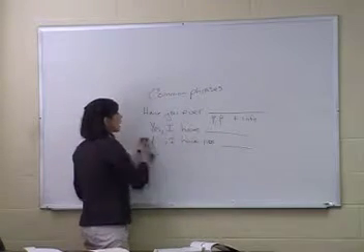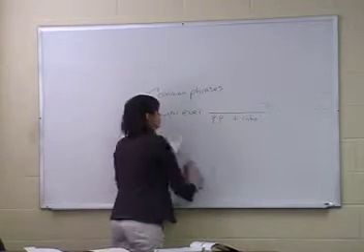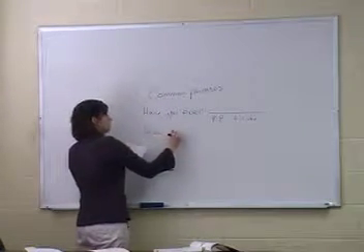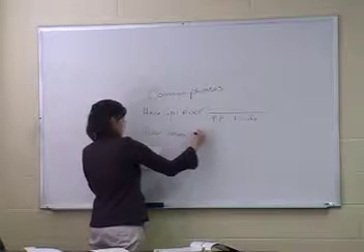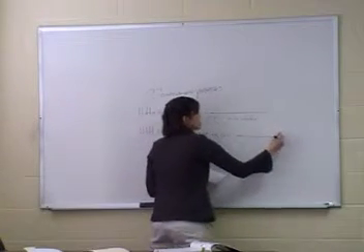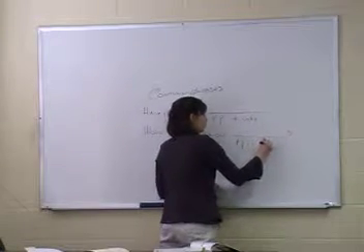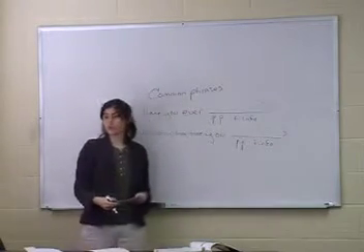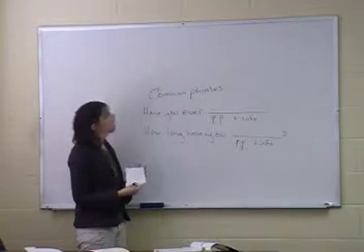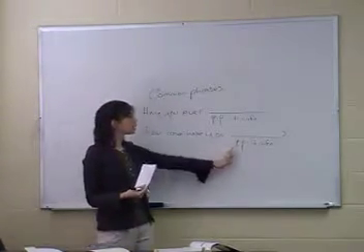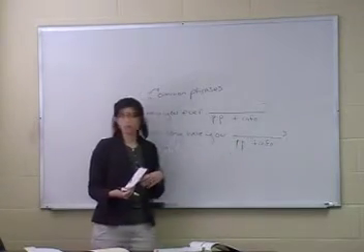Alright. The next common phrase that we use, how long have you? Okay, past participle plus information. How long have you lived in Murray? How long have you studied English? Okay, so I have my past participle and then I add my information there.